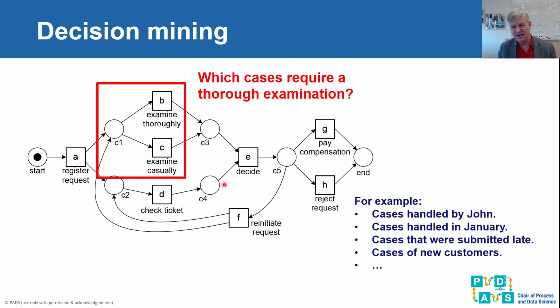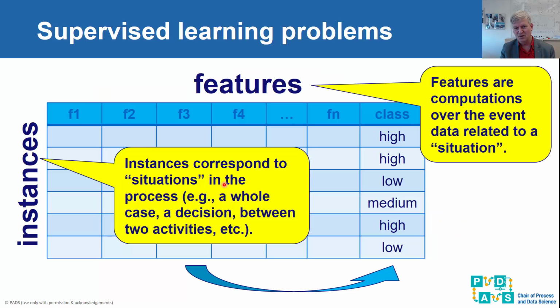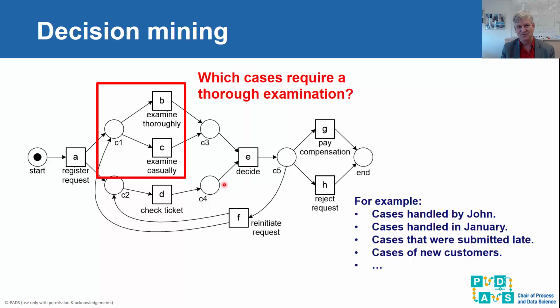And this is very general, and process mining tools are exploiting this ability to generate these standard supervised learning problems. Because what you all know is that once we are at this level, that we have a table like this, we can use decision trees, we can use regression, logistic regression, neural networks, we can use the whole array of things that we have seen before.